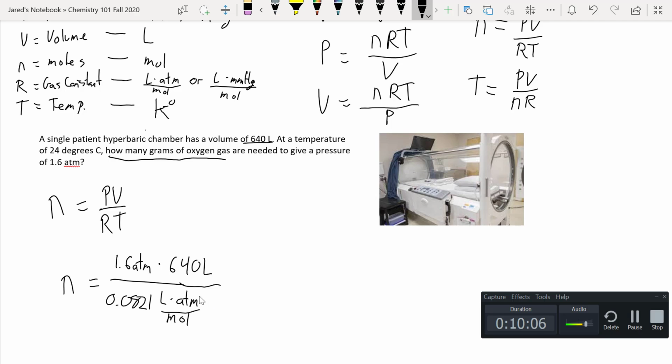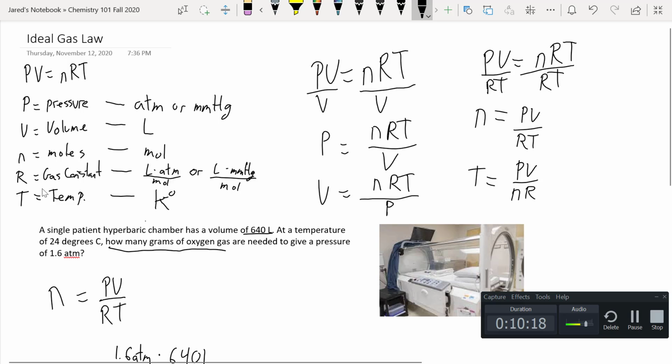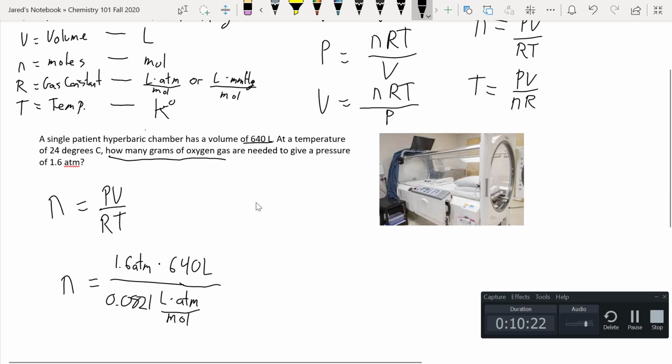And then the last thing that we're going to need is temperature. And in the question, it tells us that the temperature is going to be 24 degrees Celsius. But if you look up here, with the ideal gas law, temperature always needs to be in degrees Kelvin. And so to convert between 24 degrees Celsius to Kelvin, we need to add 273.